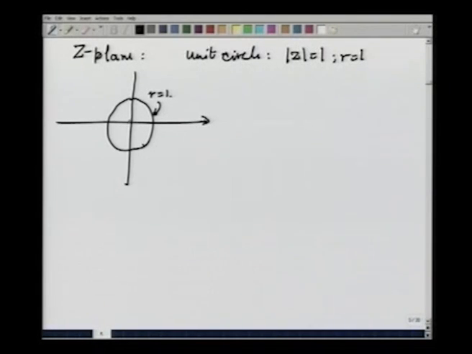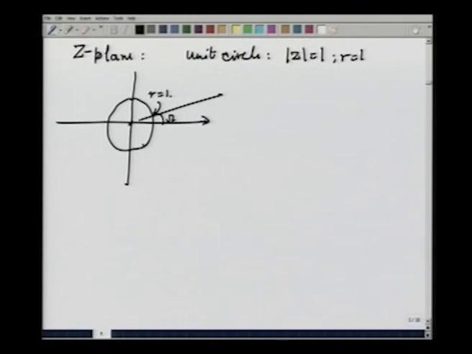Now, this is the point at which r equals 0 and r increases radially outward like this, and omega is the angle in the polar coordinate system.